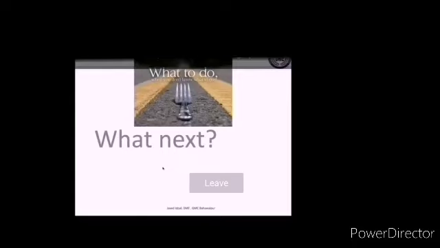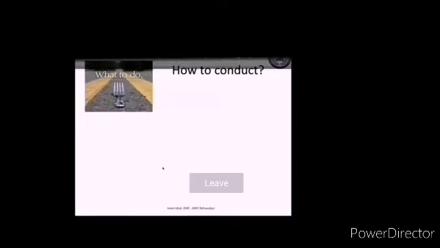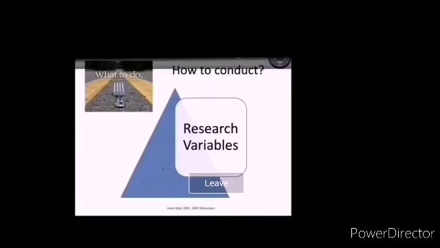So this is why it is advised that you spend your maximum time in finding the area of research, then research objective, then operational definitions and literature studies. And the first step is research variables.